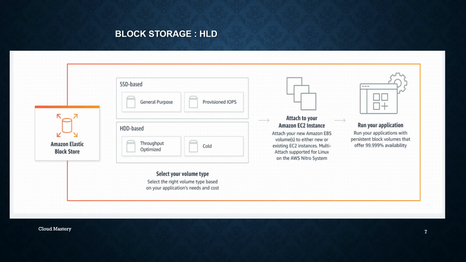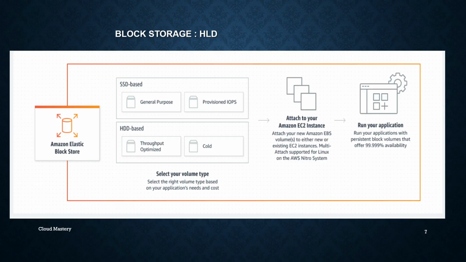Okay, I have added one HLD design here to understand Elastic Block Store. You can see SSD based and HDD based. Solid state drive is about general purpose and provisioned IOPS. You can always go with SSD based gp3, gp2. And if you have an HDD based requirement, then you can go with st1 for those kinds of deliveries.